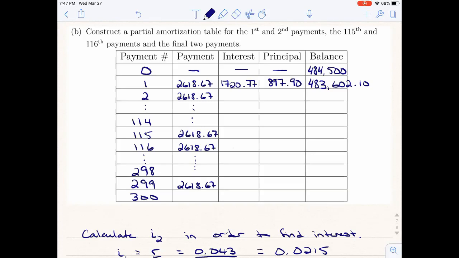Now we can use that to calculate the interest on the next line, so times that by I2.